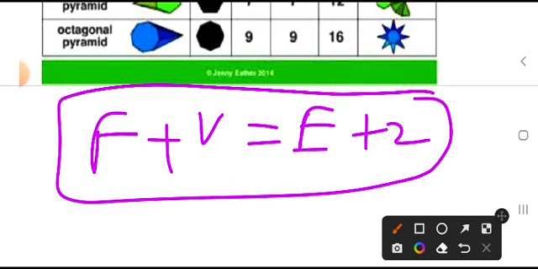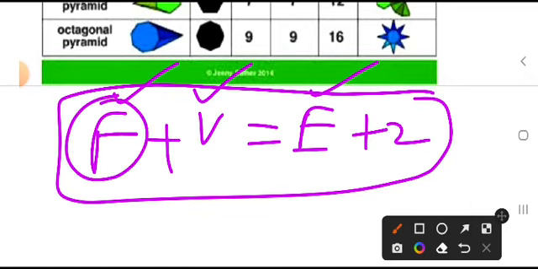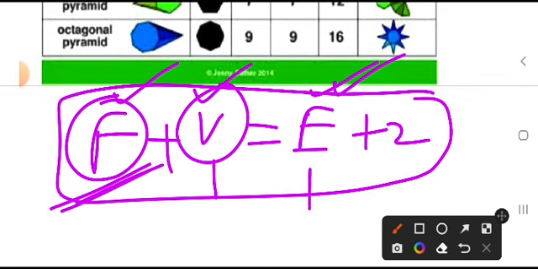This is one of the famous formulas that is used to verify whether there is a polyhedron or not by counting the number of faces, vertices, and edges. You will find this relation in all cases. Also, when you have the number of faces and the number of vertices, you can easily calculate the number of edges, and when you have the number of vertices and the number of edges, you will be able to calculate the number of faces.